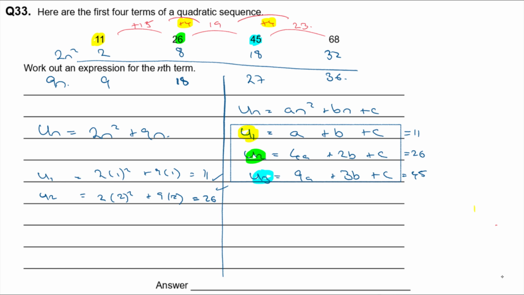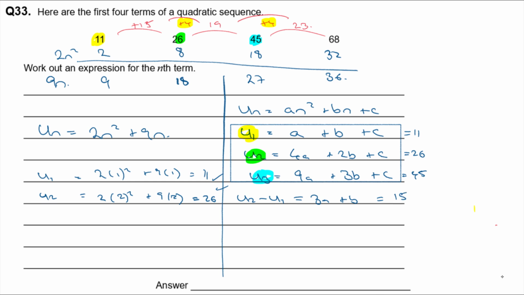So if I do u2 minus u1, that's going to be 4a take away a, which is 3a, 2b take away b, which is b, c take away c, which cancels, and 26 take away 11 is 15.